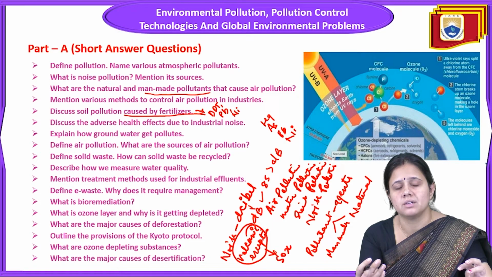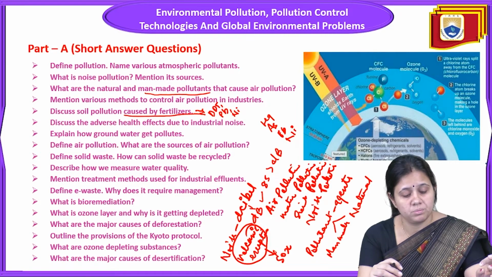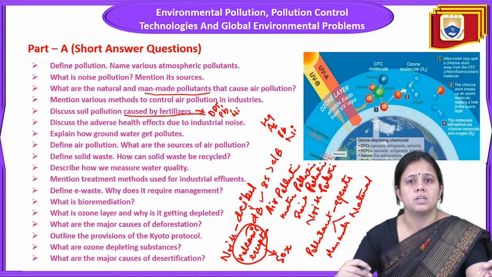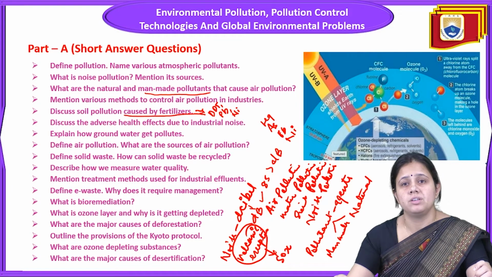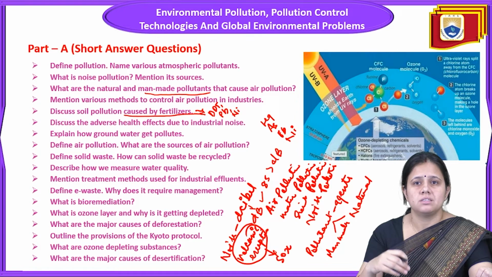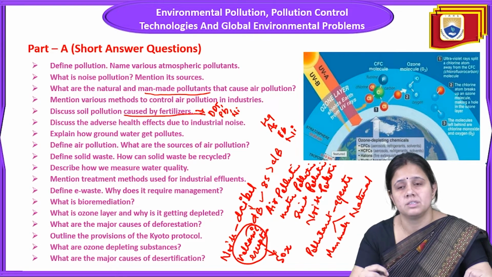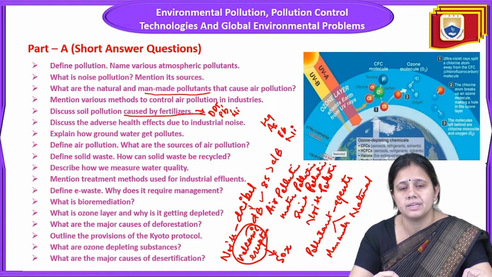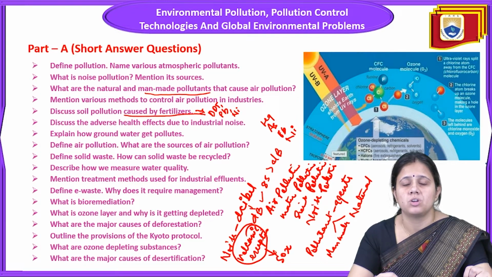These toxic chemicals will enter into the soil, and from the soil they enter into the groundwater. Due to the seepage of rainwater or surface runoff, these chemicals accumulate inside the groundwater, and that is the main reason for the pollution of groundwater.